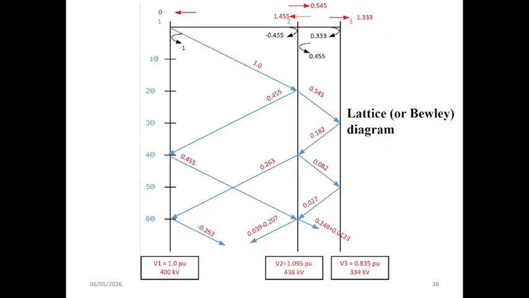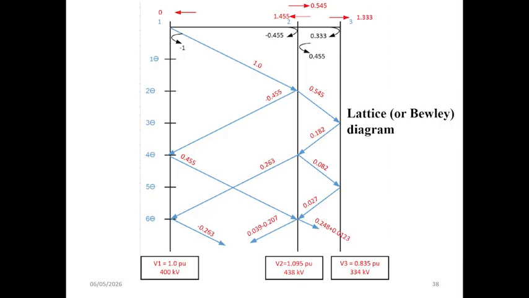As the wave continues forward to bus 3, further reflection and transmission occur due to the impedance mismatch, producing coefficients such as 0.333 and 0.455. So you can see here. Each reflected and transmitted wave is then tracked as it travels back and forth between the junctions with its magnitude progressively reduced according to the corresponding coefficients.